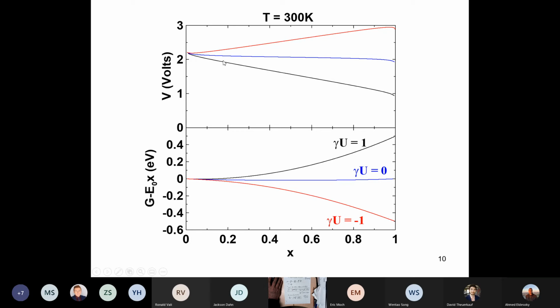And here you have a slope of basically 1 volt over the full range from x equals 0 to x equals 1. So this is where the sloping voltage curve comes from in these intercalation systems. It comes about because there are repulsive interactions between the lithium atoms that are placed into the materials. And it makes sense that there should be.